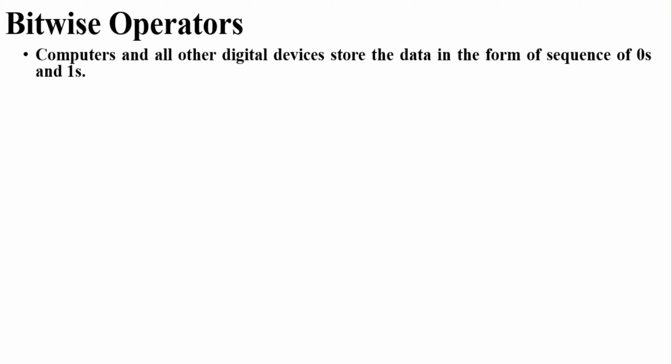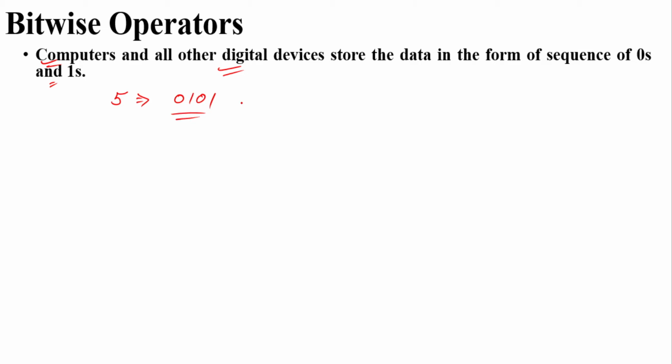Basically, we know that all the computers and all other digital devices store the data in the form of sequences of ones and zeros. For example, if you are storing 5 in the computer, then it will be stored in this form.